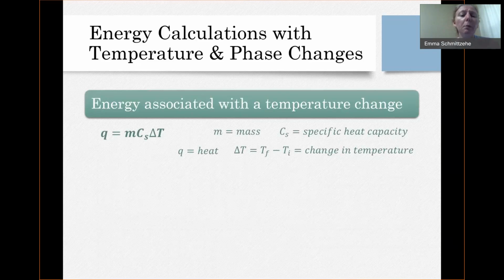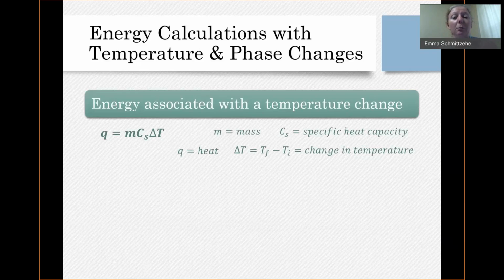Basically the Q is the heat, and so that's the amount of energy. The m is the mass of your sample. The Cs is the specific heat capacity of that sample. And so that's going to be directly tied to what substance you have and what physical state it's in. And then you have the delta T, which is the change in temperature.